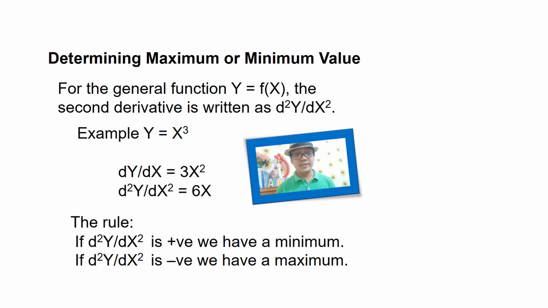Its first derivative is equal to 3x squared, and its second derivative is equal to 6x. The rule is if the second derivative is positive, we have a minimum, and if the second derivative is negative, we have a maximum.